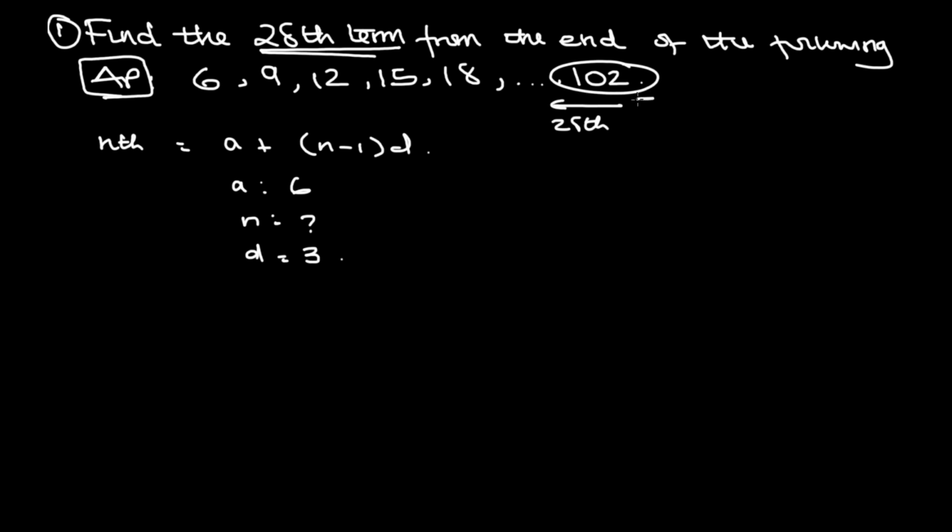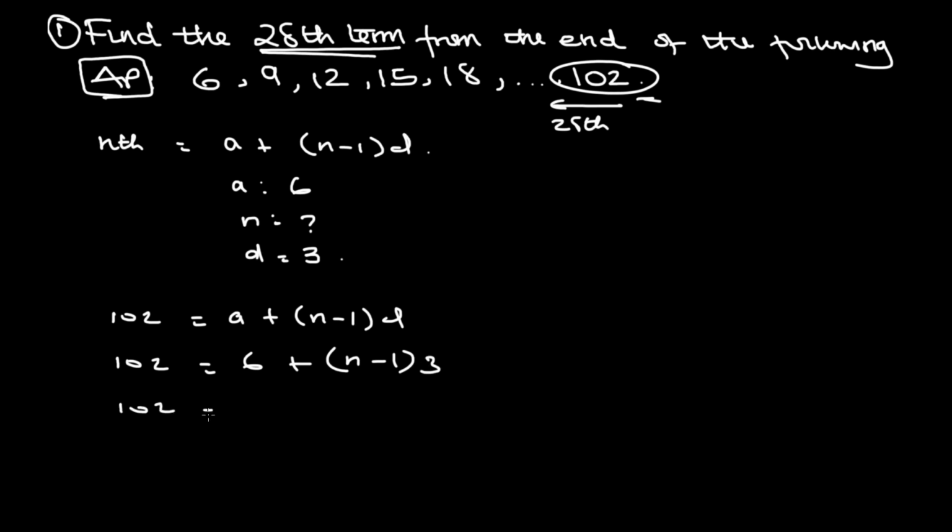So we're going to use this. So we're going to say 102 is equal to A plus n minus 1 d. So 102 this time is going to be A, which is 6, plus then n minus 1. The difference we said was 3.